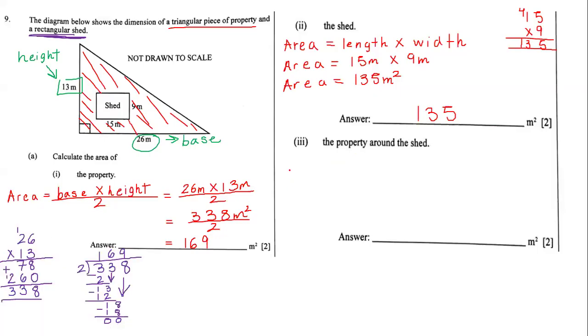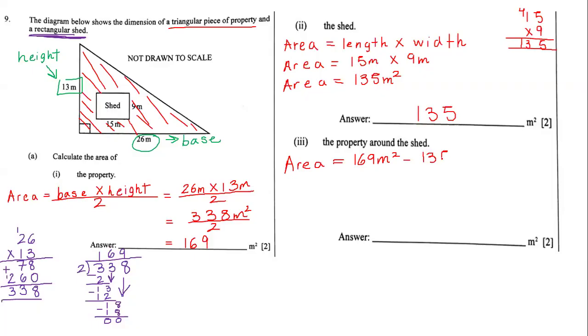So the area is gonna be equal to 169 meters squared minus 135 meters squared.